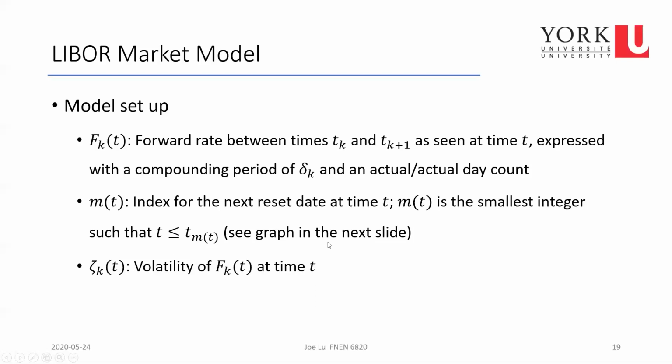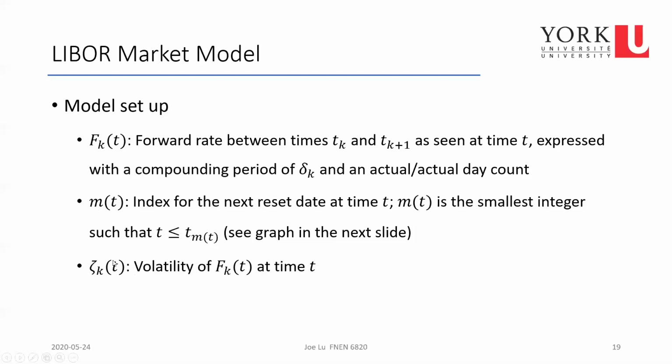We'll see in a graph in the next slide as an example. So it gives you some sort of an index. And this term here is basically the volatility for this particular rate. For the point k, that's the volatility term for the point k.